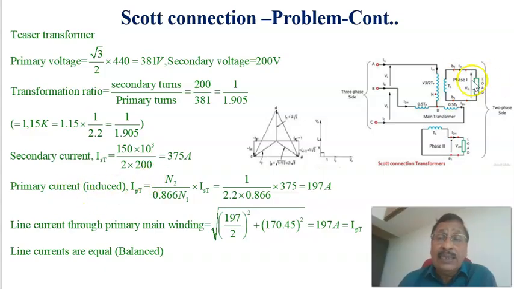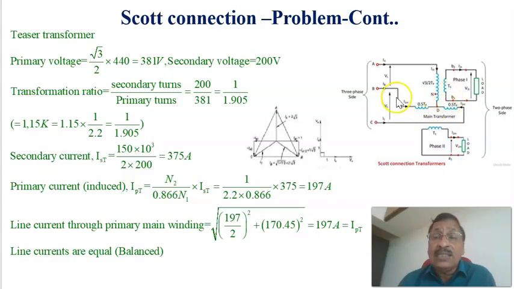Now, the primary current is reflected on this side because of the transformer action here. What is the current reflected at this point on the primary side? It is equal to N2 divided by 0.866 N1 into this current, which gives 197 ampere on this side. Therefore, that is the same as the line current, because the current through the teaser is the same as the line current.